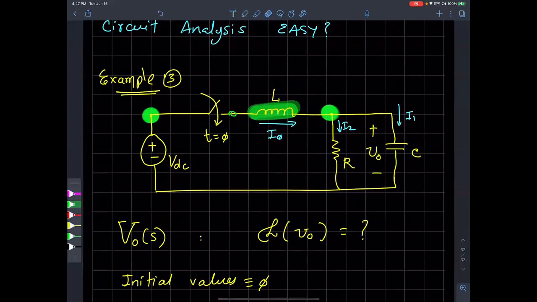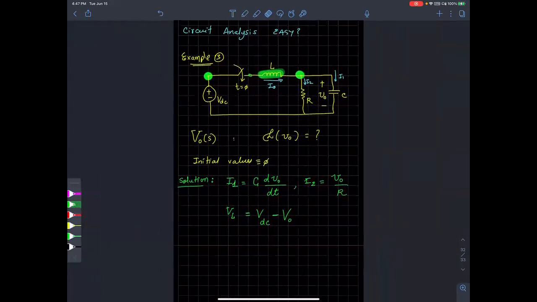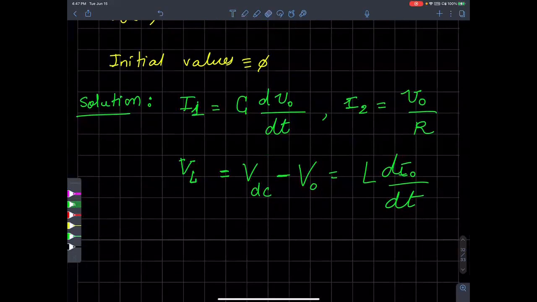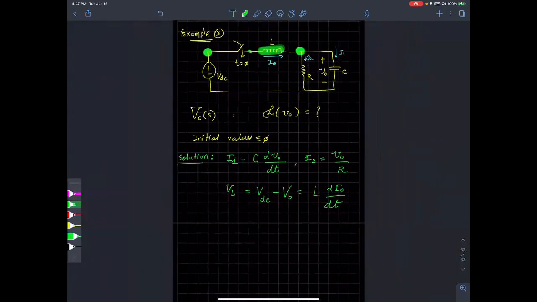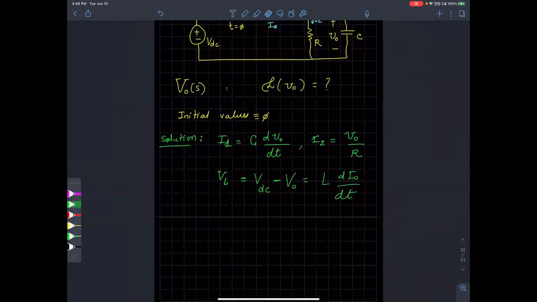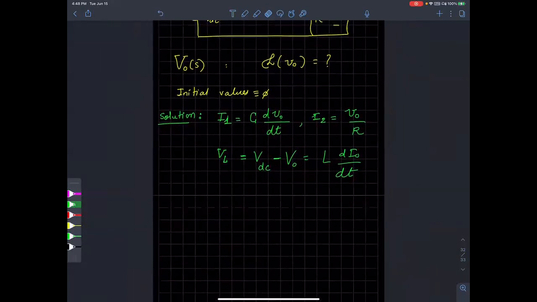And then we know if we are not to write it in the frequency domain, J omega L domain, that it is going to be L di by dt, right? If I naught is the current flowing through the inductor, then the voltage set up by that current would be L di by dt. Now from here, we should be able to write an expression for V out.